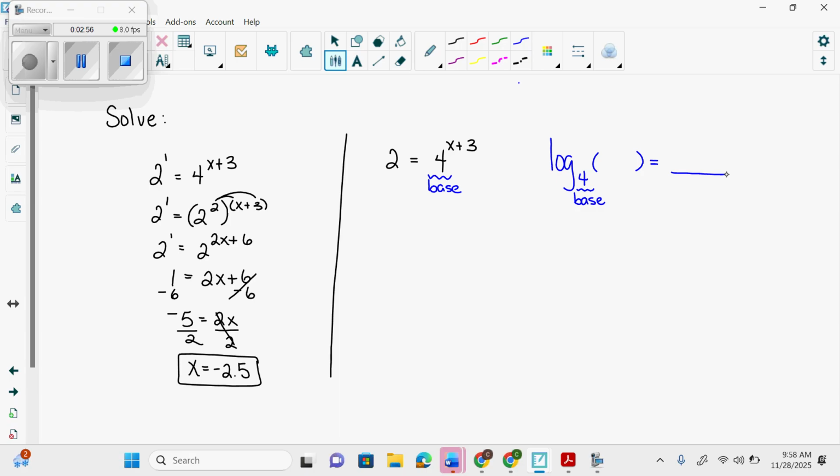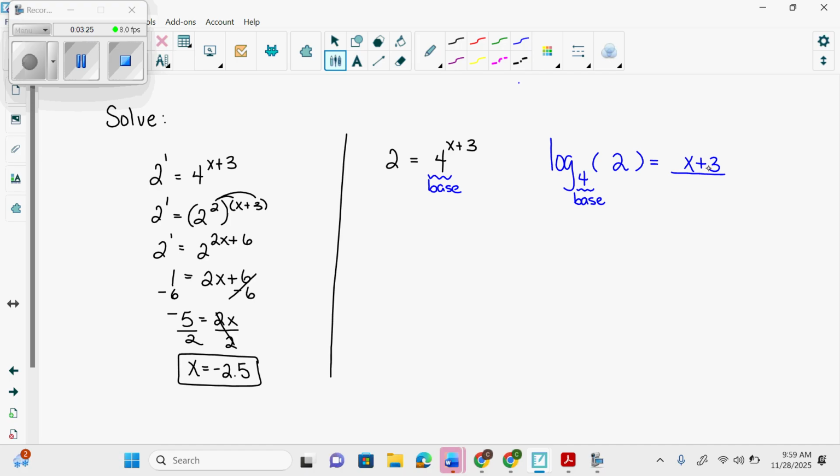Yeah, totally. 4 and x plus 3 are friends, yes? So can they be friends here? Can I go put an x plus 3 here? What's friends doesn't stay friends when you convert. So what's beside it currently? X plus 3. So what needs to be beside it in the log? What's the other piece I didn't talk about? 2. And it equals the exponent. X plus 3.